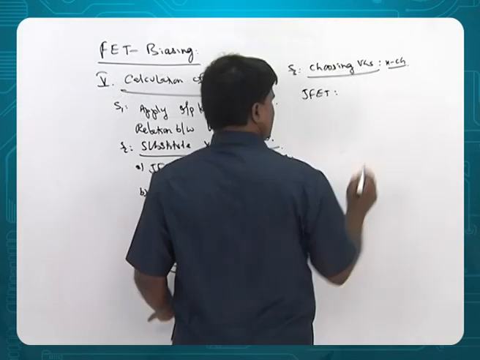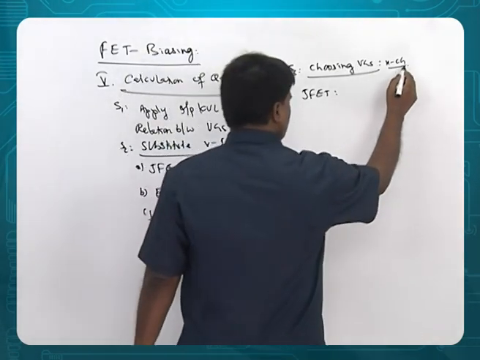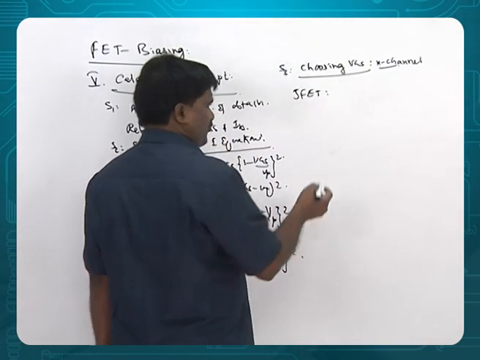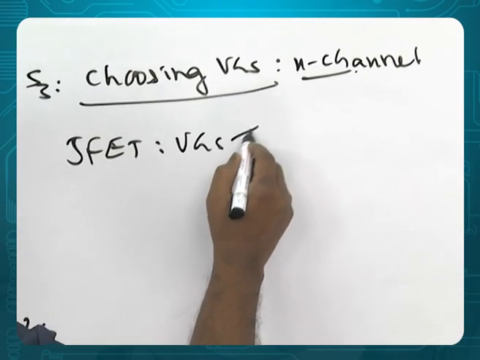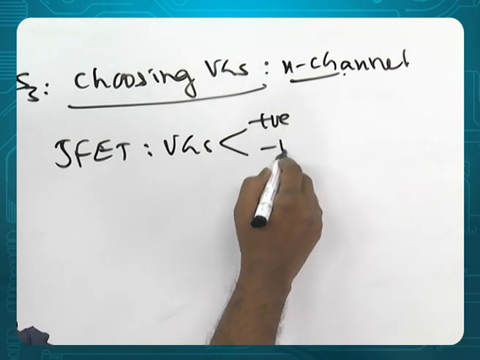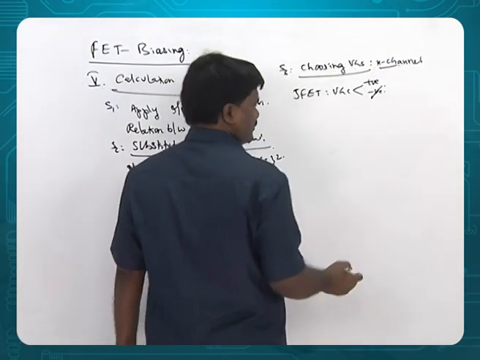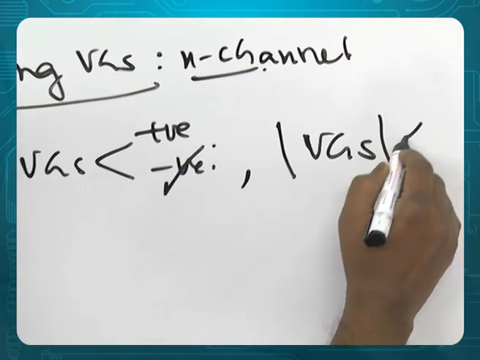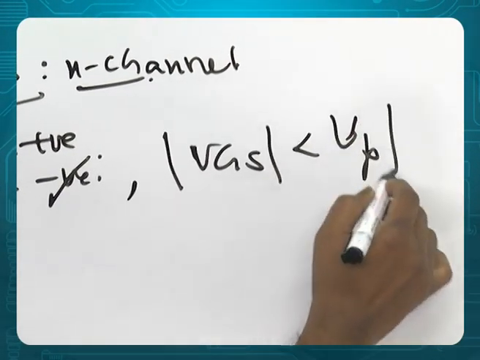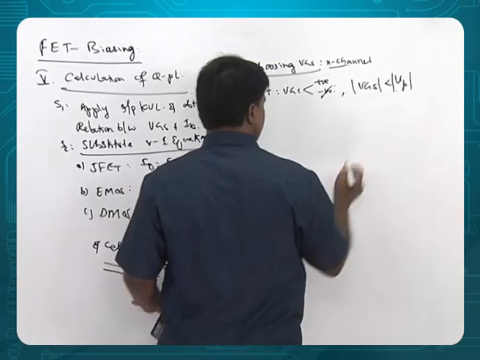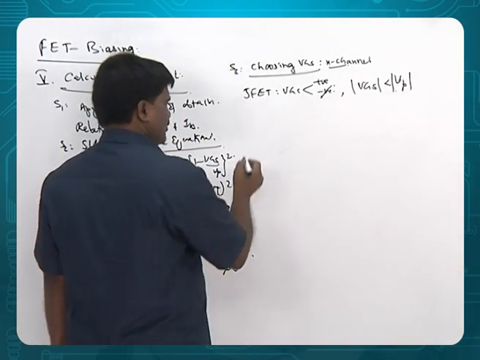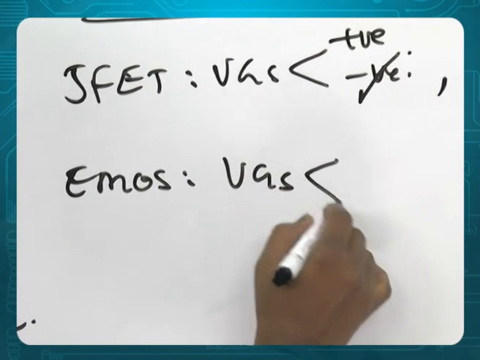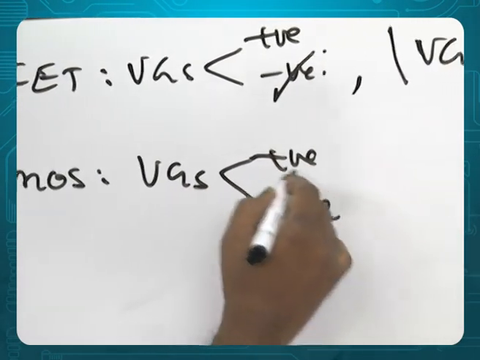For example, when you think about N channel, if it is a JFET, you will have two values, positive and negative. Take negative. If both are negative, take whichever is less than VP. If it is enhancement MOSFET and positive and negative come, take positive.